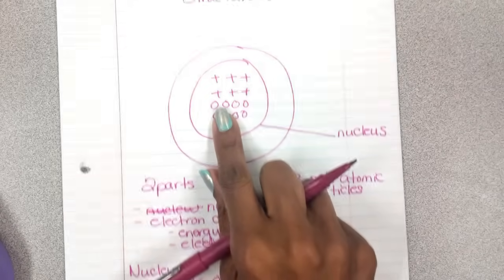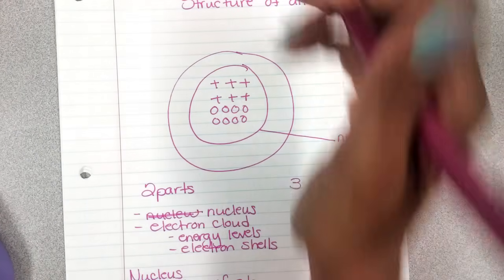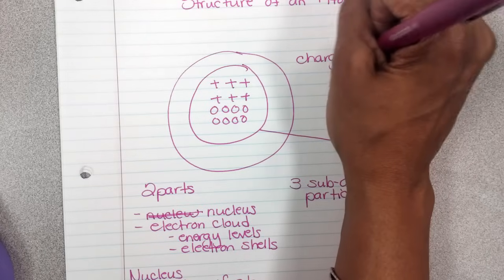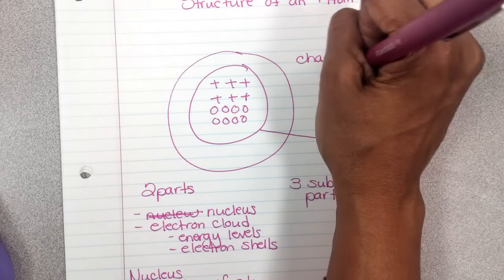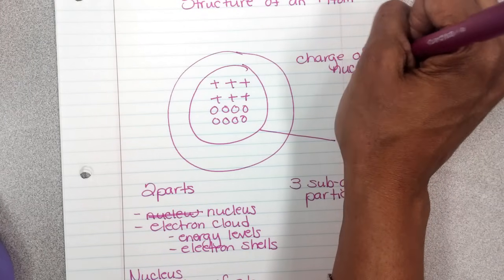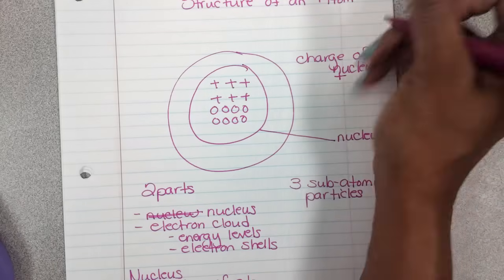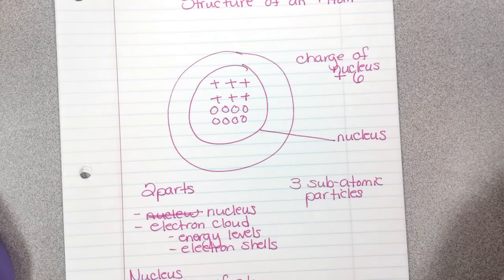So the charge of the nucleus of this atom is positive, and then whatever my protons are, so 6.